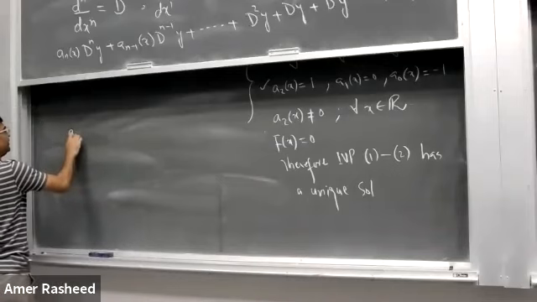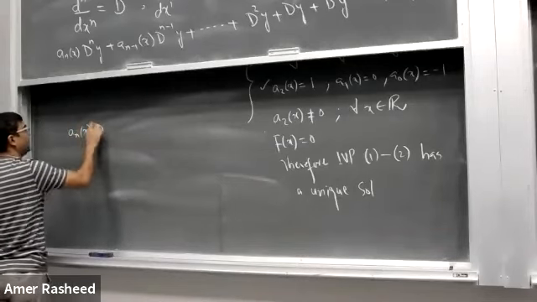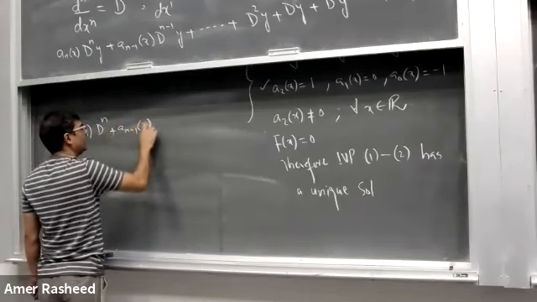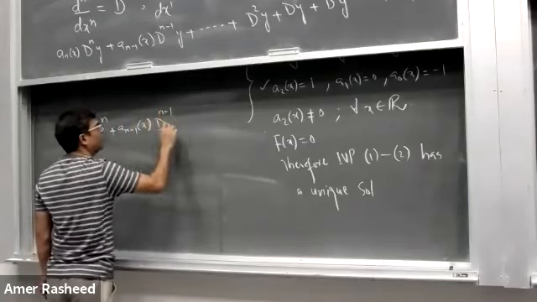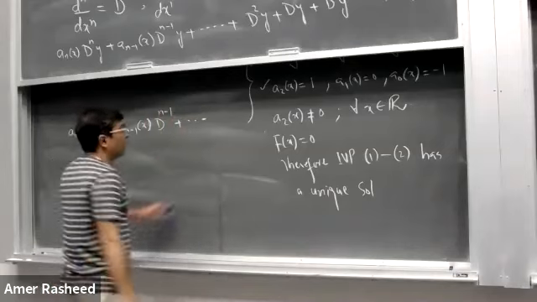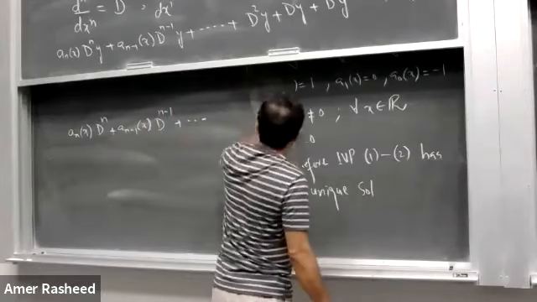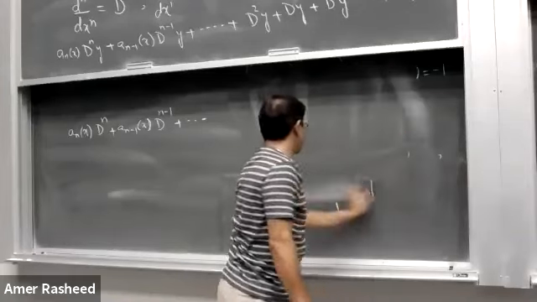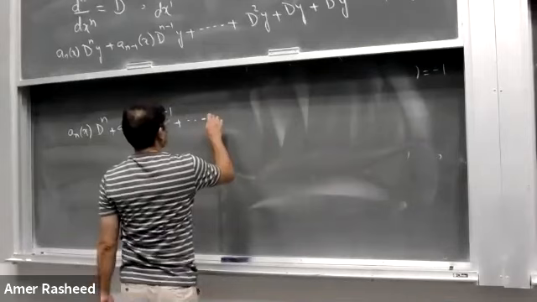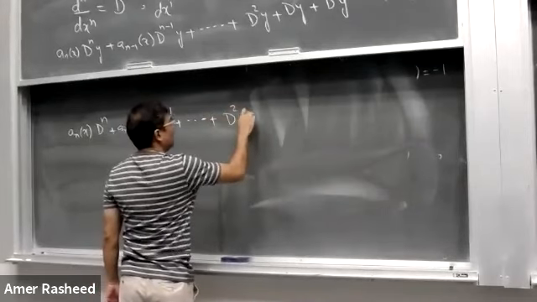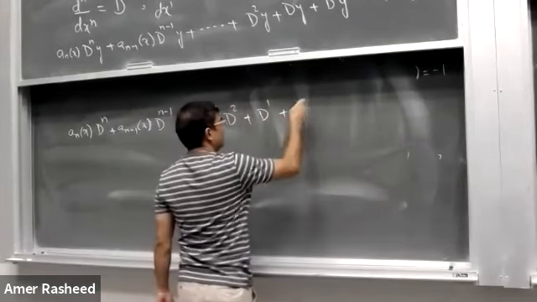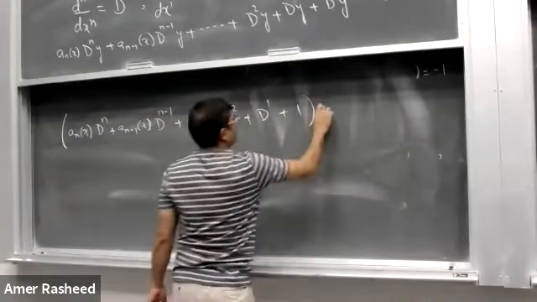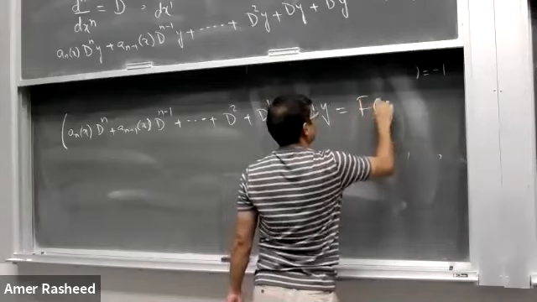So this further can be written as an of x dn plus an minus 1 of x dn minus 1 plus so on plus d2 plus d1 plus 1 or d power 0, this thing into y is equal to f of x.